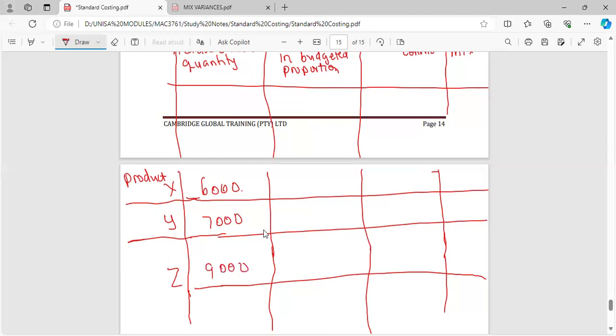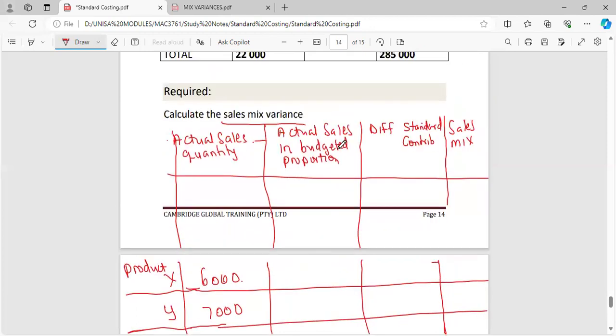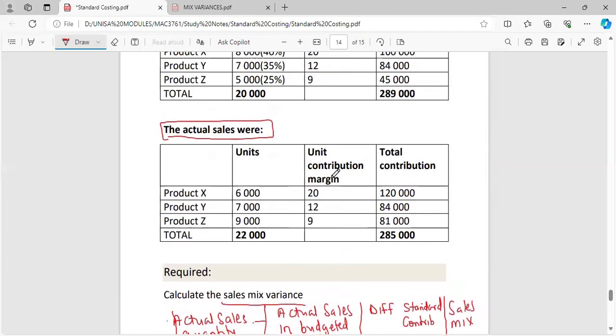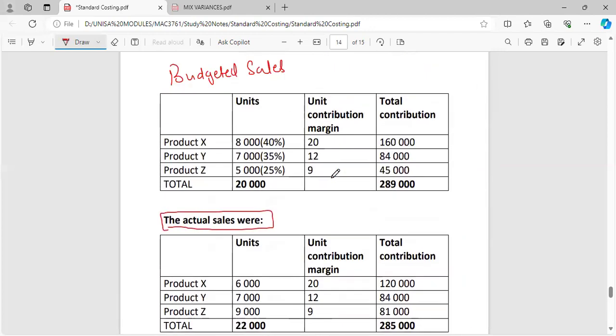Right, then we need to determine the actual sales in budgeted proportion. So we need to look at the budgeted proportion. I think they gave us here the budgeted sales proportions: 40%, 35%, and 25%.